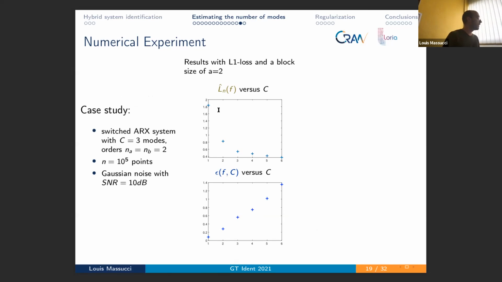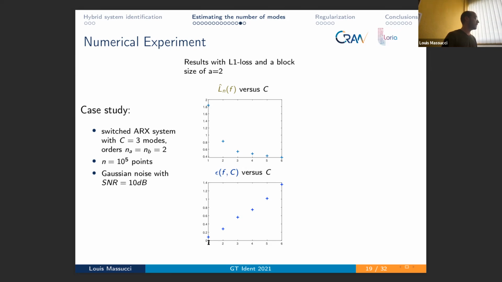As you can see, as the number of modes is increasing, the empirical risk is decreasing. It is because the more modes we have, the fewer mistakes we make, and it's reflected by the confidence interval that measures the complexity of our model.